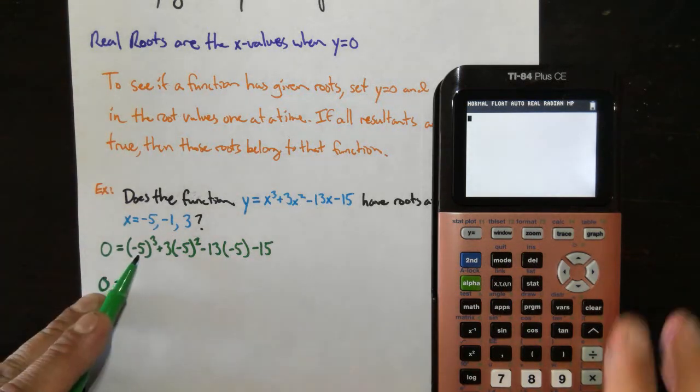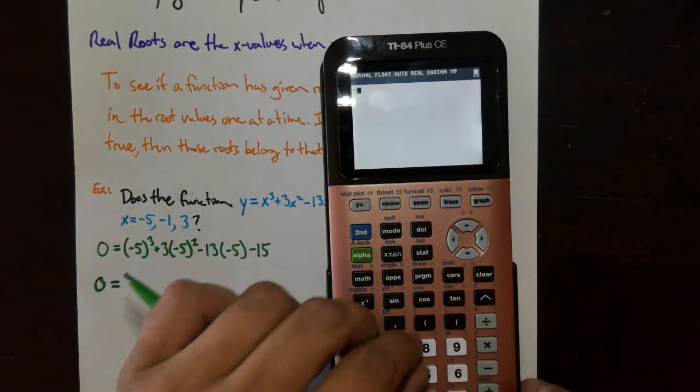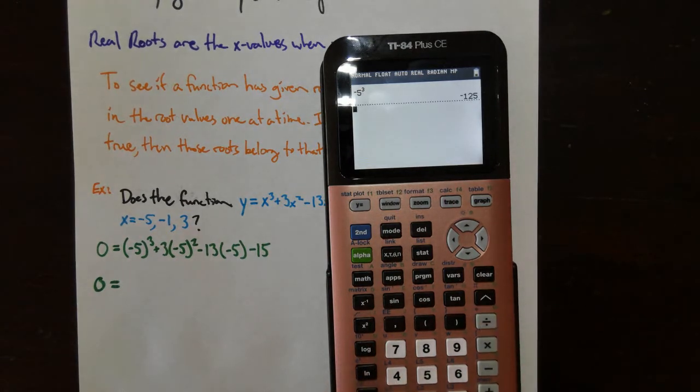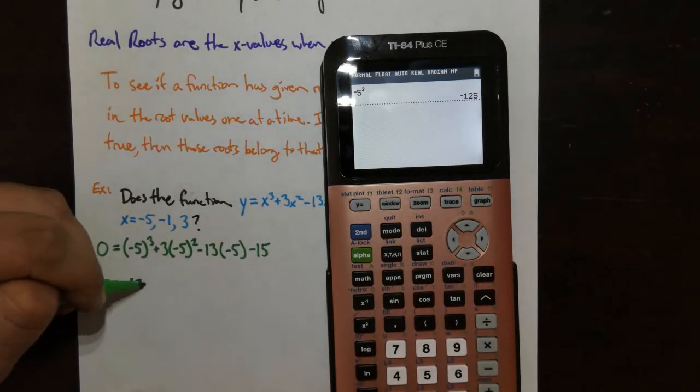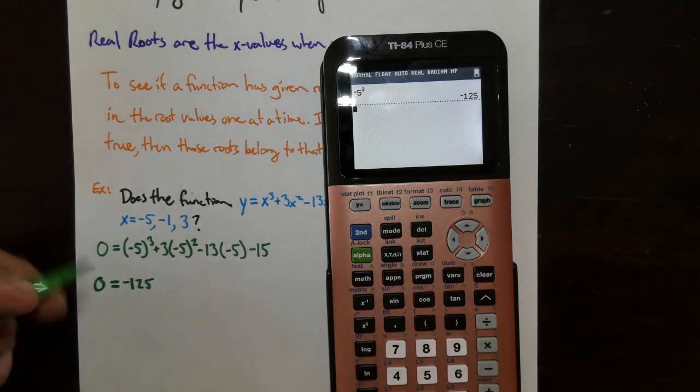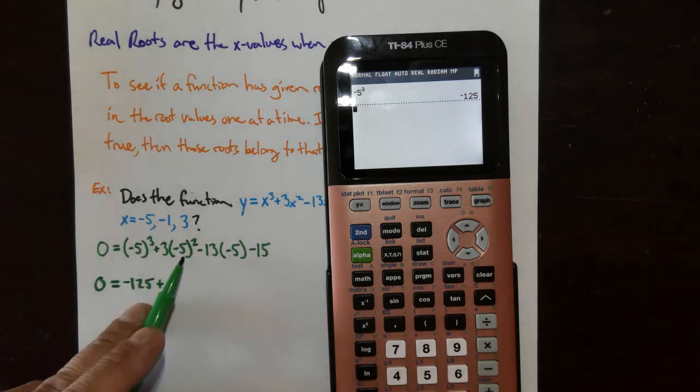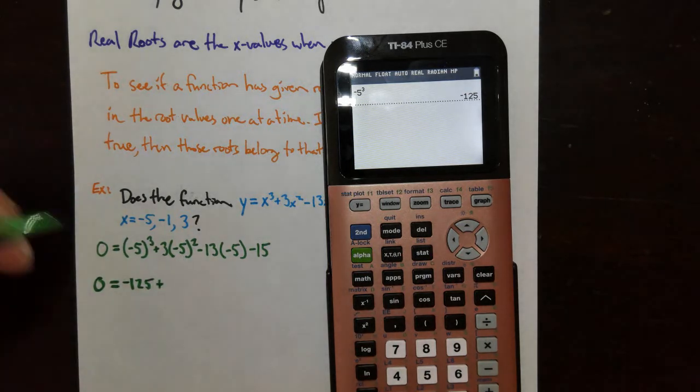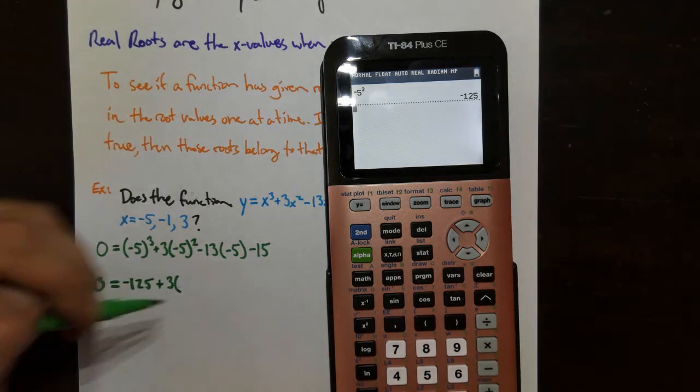So -5 cubed is -125, times 3 times -5 squared. So 3 times -5 squared is 75.